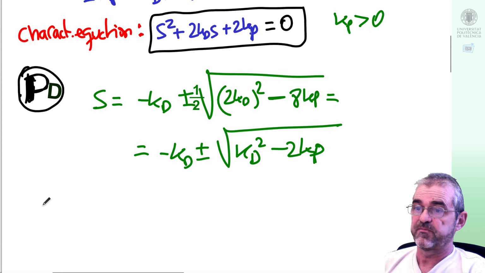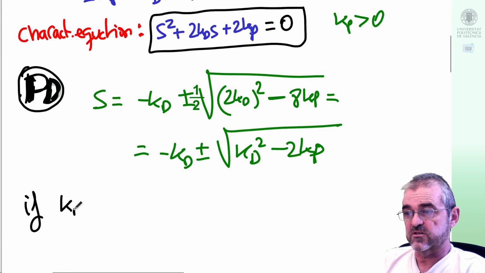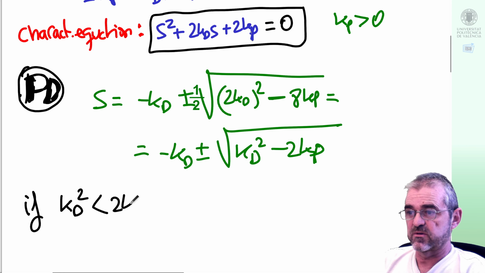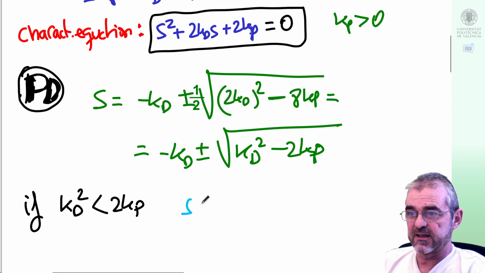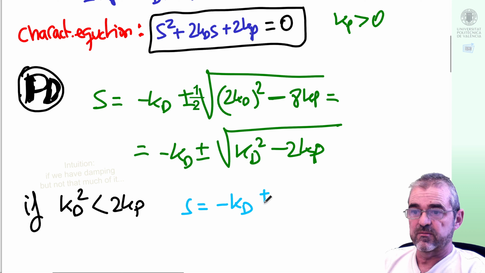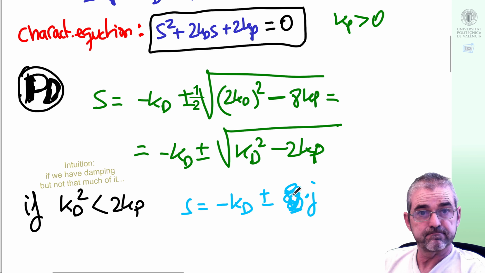In particular, if we have a small kd and kd squared is less than 2kp, then we will have the square root of a negative number, so the closed loop poles will be s equal to minus kd, the real part, plus minus something imaginary.